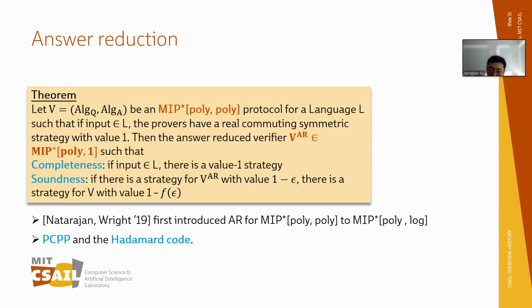So the codeword is of length 2 to the n. The next property of the Hadamard code is that if you query the codeword at locations x, y, and x plus y, you should get 3 bits that sum up to 0. This is called the linearity test of the Hadamard code, so the Hadamard code is also a locally testable code.